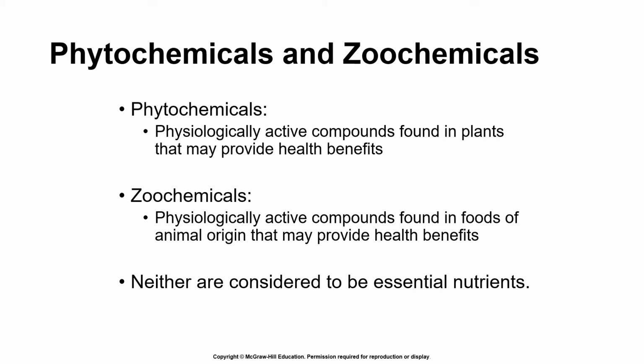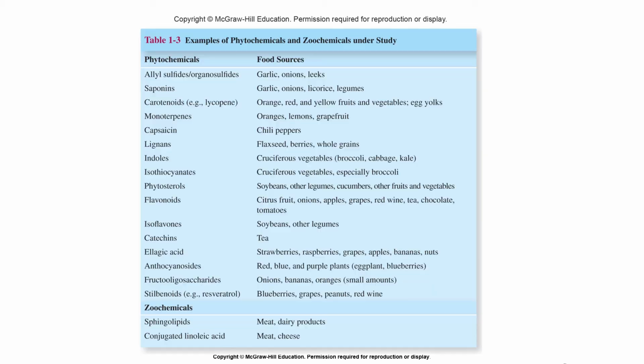They aren't considered to be essential nutrients. The body functions quite well without them, but there seem to be some positive aspects to making sure that we have them in our food choices. Spend a couple of minutes looking through these examples of phytochemicals and their food sources. Phytochemicals and the zoochemicals.